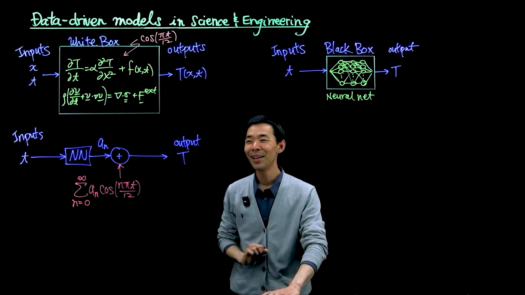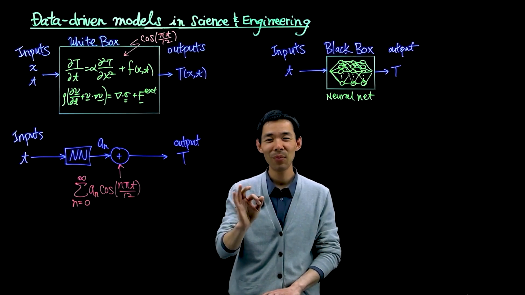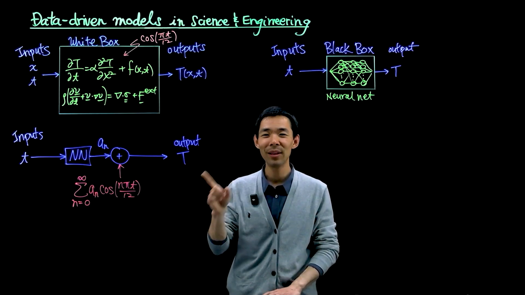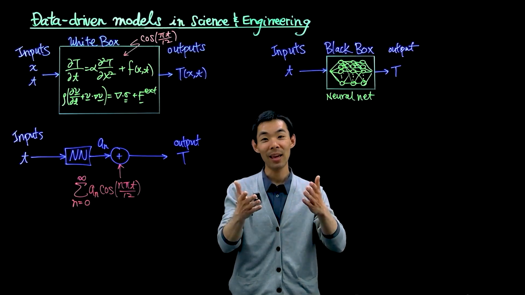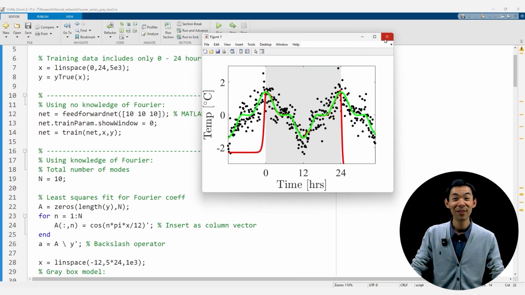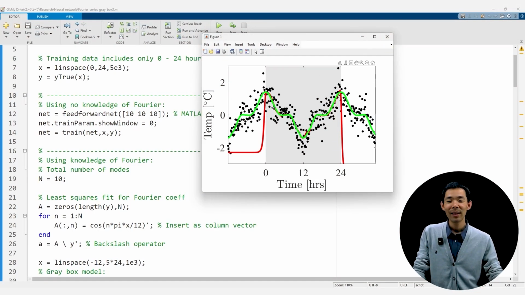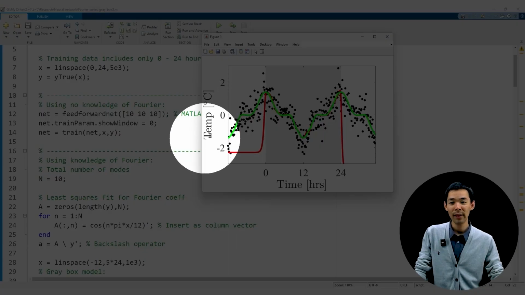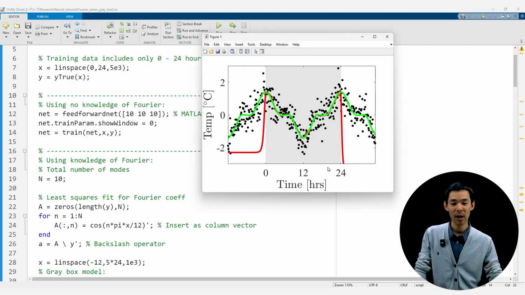All right, so let's see what this looks like according to this type of approach in our toy example problem. So now, what I'm showing you here is the same data I showed you earlier of the temperature as some function of the time from 0 to 24 hours.